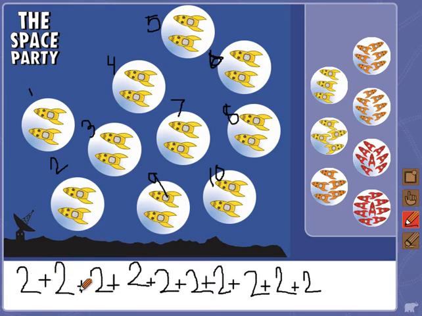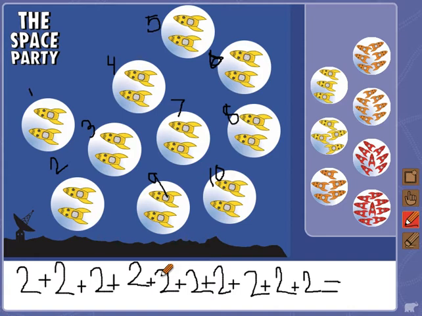Does your equation look like mine? I added 10 groups of 2, okay? We already knew that 4 groups of 2 is 8. So we're adding 6 more groups of 2 onto that.